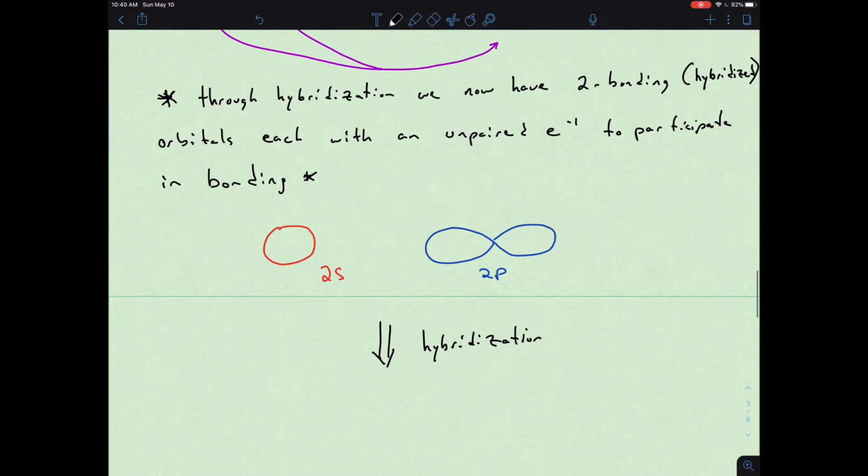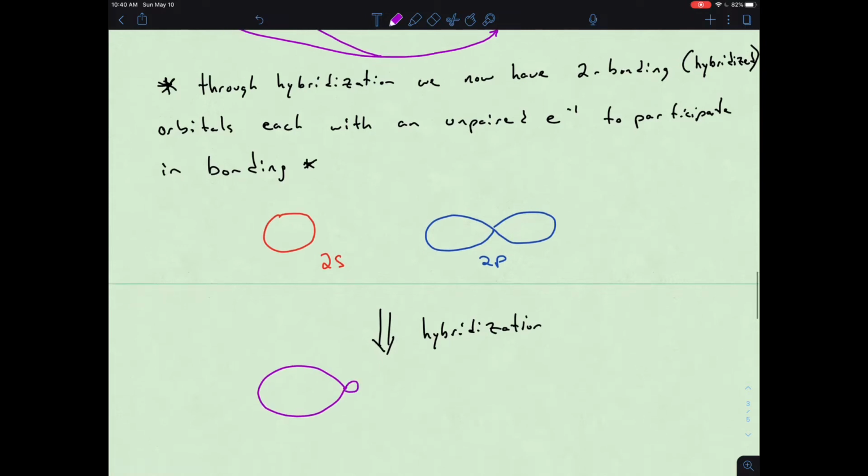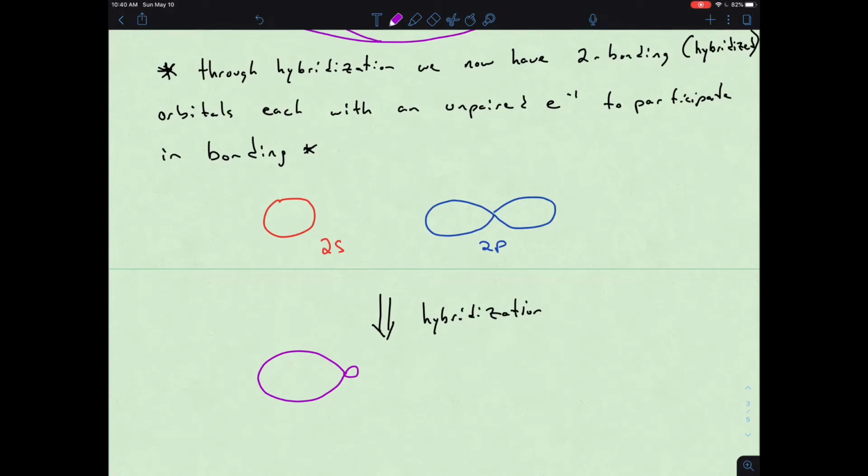And what that creates is 2 new orbitals. One of them looks like this, and the other looks like this. And so each one of these is an sp hybrid orbital.